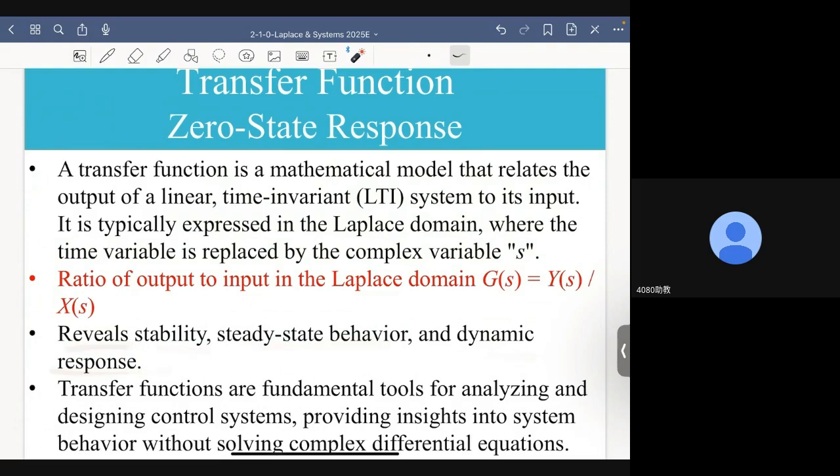Because every aspect of the performance of the system is embedded in the transfer function, okay? So naturally, studying the transfer function becomes a very important topic in the course of control, okay?